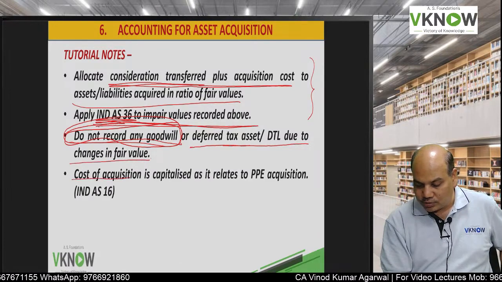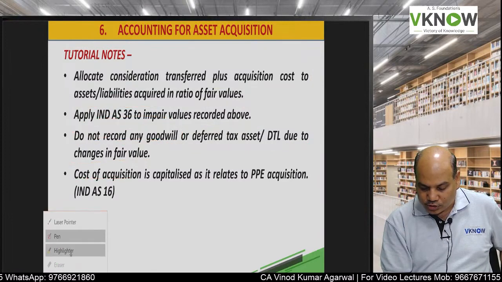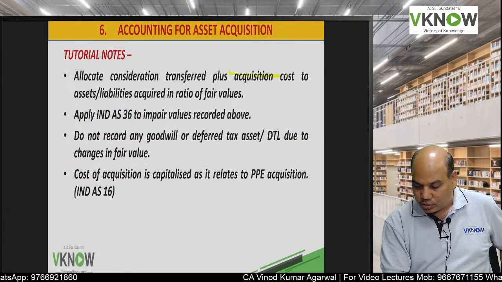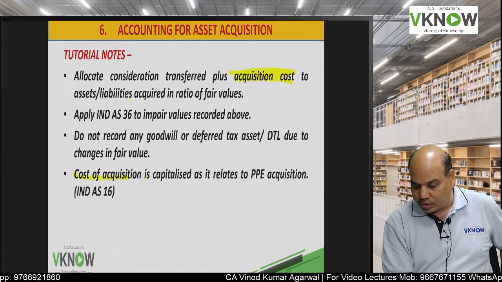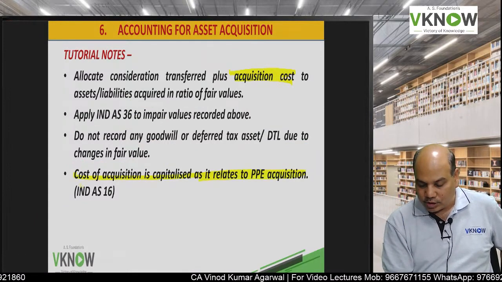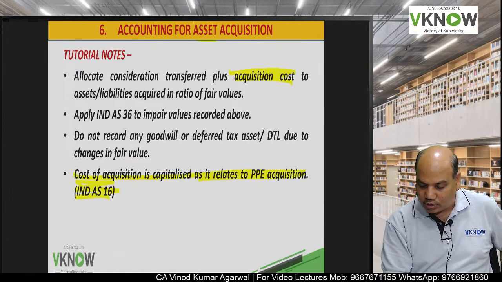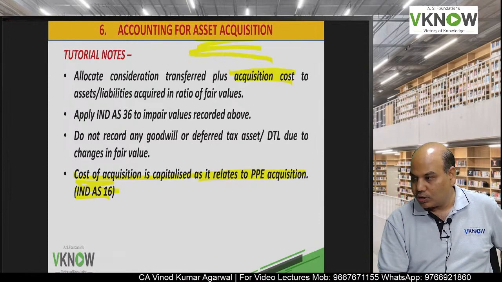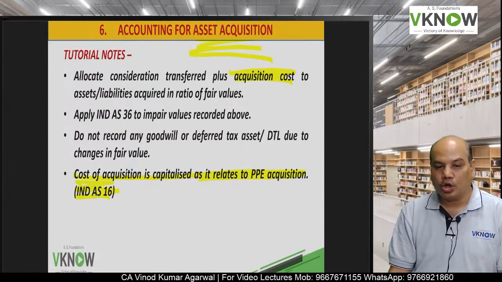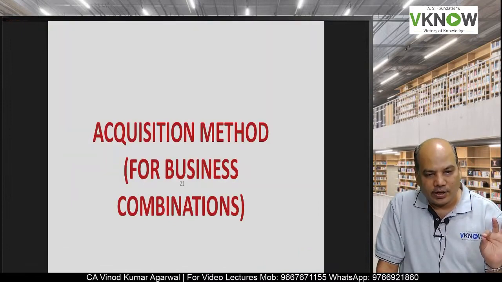Cost of acquisition. Some questions are coming. Why is cost of acquisition capitalized? Cost of acquisition is capitalized because it relates to PPE acquisition under IND AS 16. Remember, what I am telling you right now is the accounting of asset acquisition, not business combination. So this was about asset acquisition.